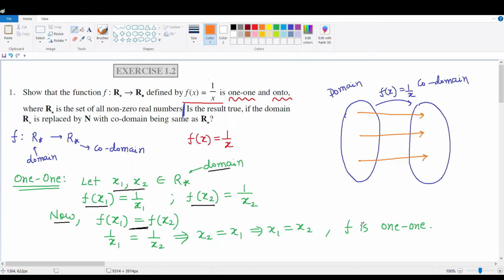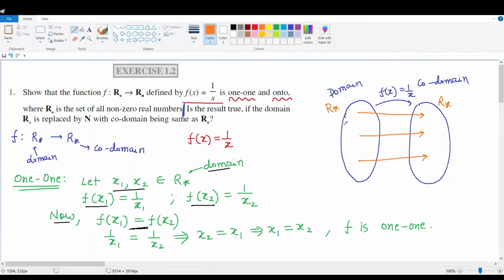But onto means that every element in here must be connected to some pre-image in here. You cannot have some spare element in here. So here your domain was R star, and the codomain was R star. Every number that you can imagine, all real numbers but 0.